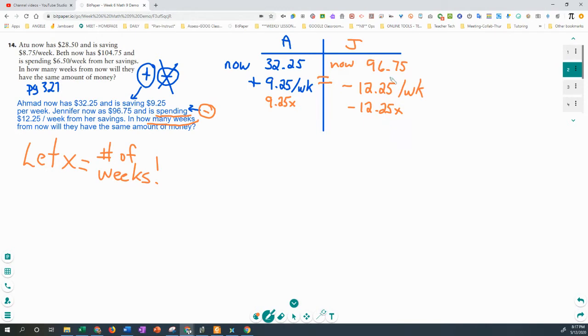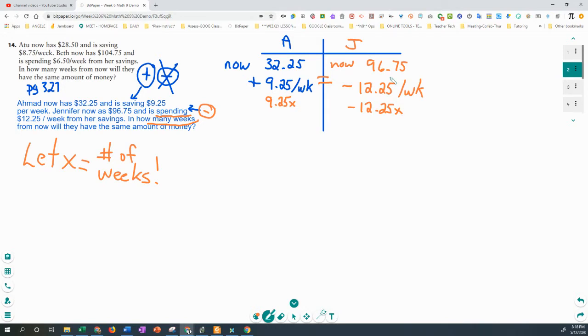But at some point in the future, right, as Ahmed's going to add to his savings, and Jennifer is going to start spending, at some point they've got to pass each other, right? Am I getting this? Yeah. My face is on the other monitor. So again, Ahmed here, $32. Jennifer here, 96. Quite a gap. Like, what is that roughly?